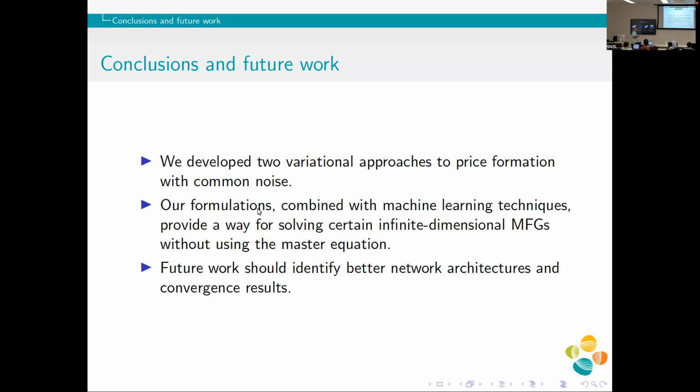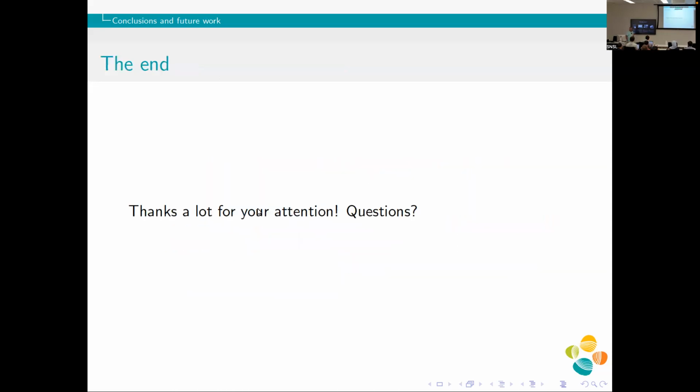Of course, there is a lot of work to be done, including better architectures, better ways to approximate, to accelerate. We didn't tackle convergence; we tackled a posteriori estimates. So it would be really interesting to have convergence rather than just this. And I think this is a very good point to stop. So thank you very much. And if you have questions.